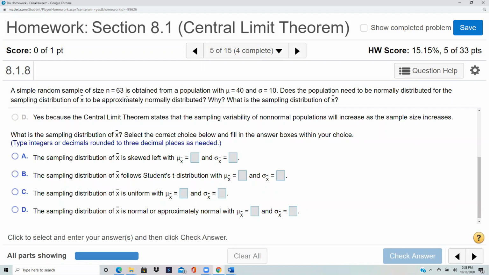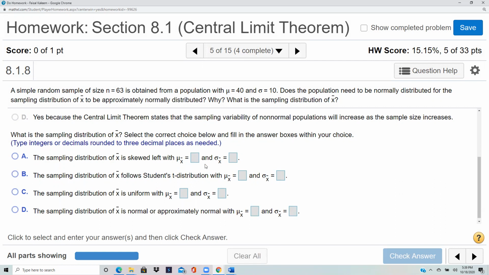Okay, so sample size 63 from a population with mean 40 and standard deviation 10. Does the population need to be normal? No, we've already answered that. So now you have to answer the value question.